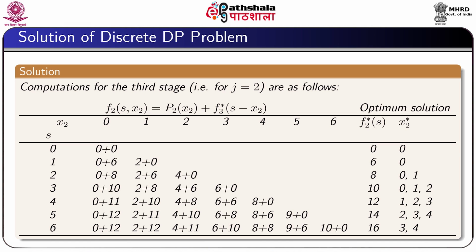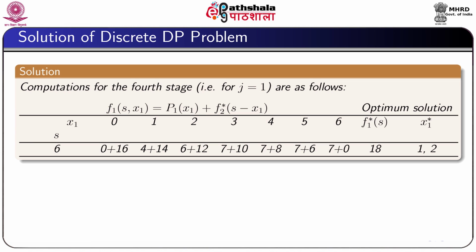Now, proceeding similarly, we can find the results for stage 3 as shown in this slide, and finally, in the fourth stage, since there is no other stage left, we have to allocate the total number of available crates, which is 6.